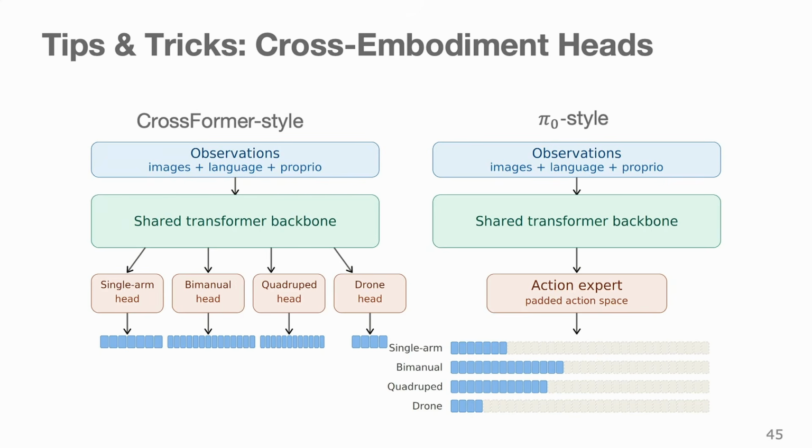This is architecturally much simpler. One caveat is that you will typically predict a single fixed length action chunk for all embodiments, regardless of their control frequency.